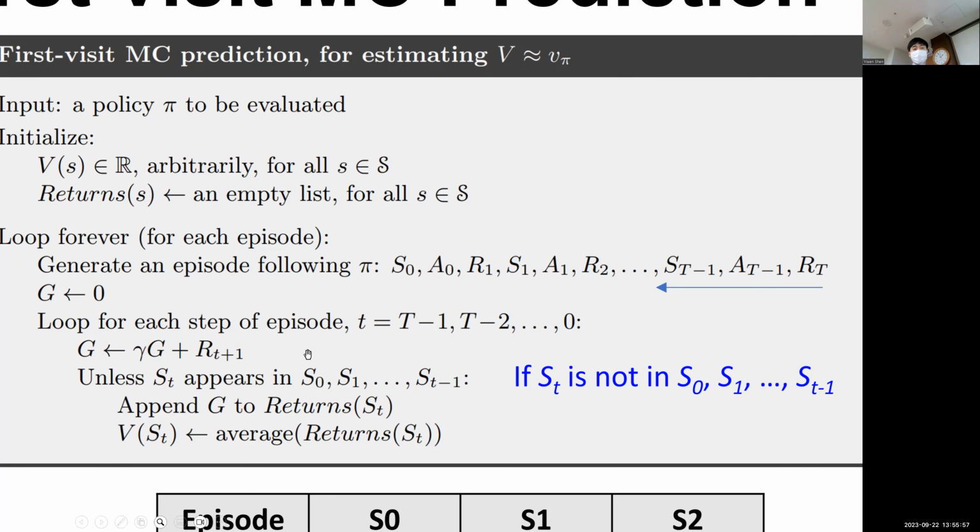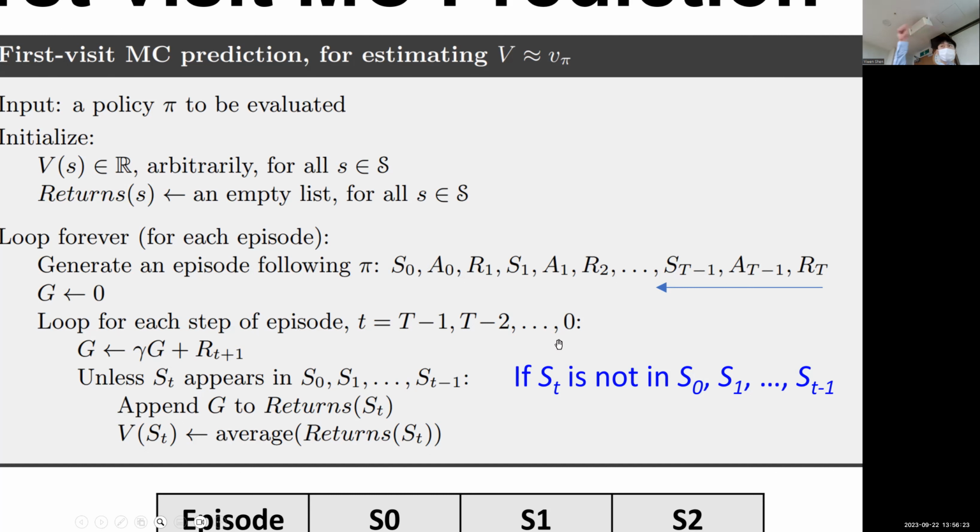Now we initialize the return G equals 0. This G will record the accumulated return for us. Then we loop for each step of the episode. Now look at here, there's a slight difference. Loop for each step of the episode, t equals T-1, T-2 until 0.